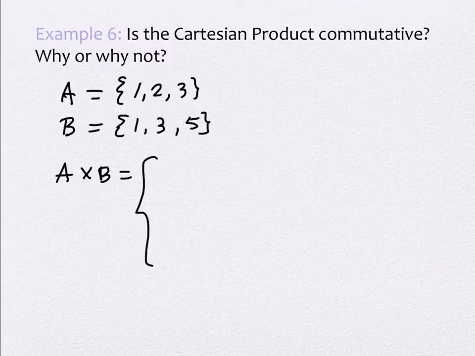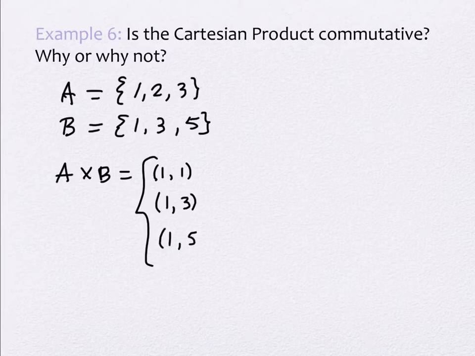What did it look like? They're like ordered pairs, you bet. So we take the first item from set A because it's listed first, and the first item from set B. And then the first item from set A and the second item from set B. And the first item from set A and the third item from set B.